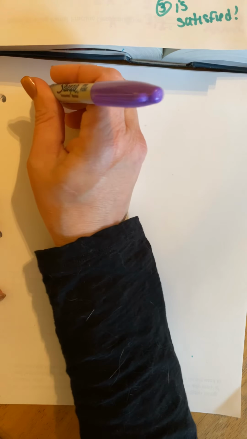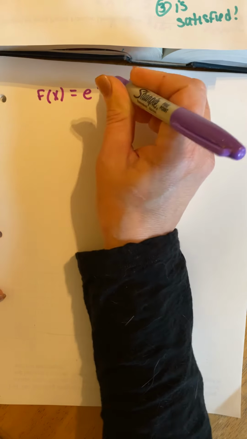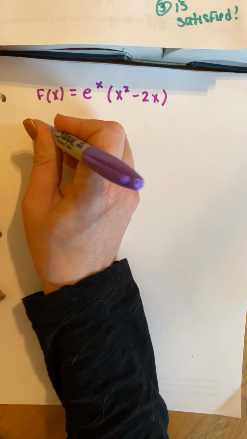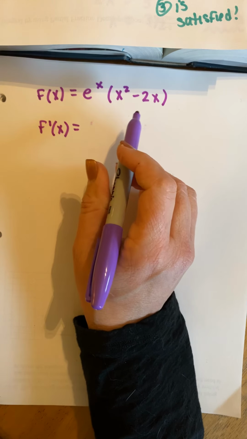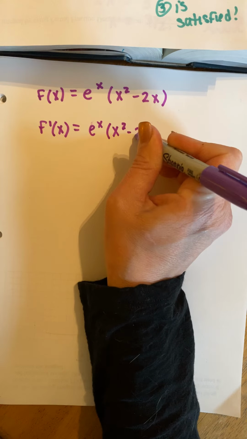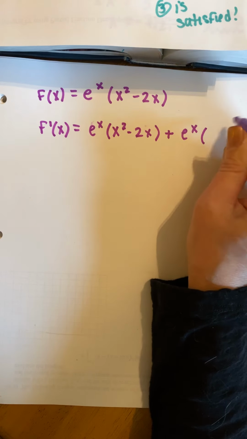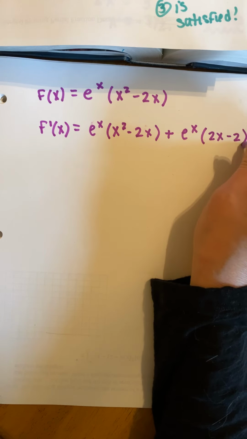So what we're going to do is now we're going to take the derivative. So I'm going to rewrite the function here: e to the x squared minus 2x. We're going to take the derivative. We have a product, so we have to use the product rule. Derivative of the first times the second plus the first times the derivative of the second. 2x minus 2.